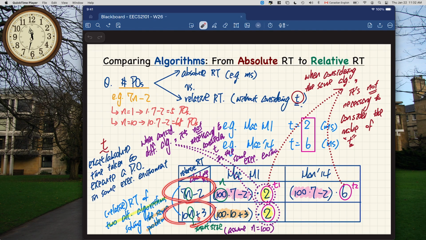We explained last time why we're doing this, because the extra factor, like a little t, which might vary between platforms, simply doesn't matter. It's not necessary for making a meaningful conclusion about which algorithm might be more efficient. Keep that in mind. It's very important to know why we are making such a transition by not considering absolute running time anymore.